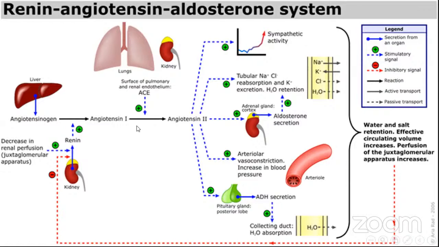And it's activated in the lungs by ACE enzyme and converted into angiotensin 2 that stimulates the adrenal cortex and results in aldosterone secretion. This is a potent vasoconstrictor that acts to decrease glomerular permeability and urinary fluid and electrolyte loss.